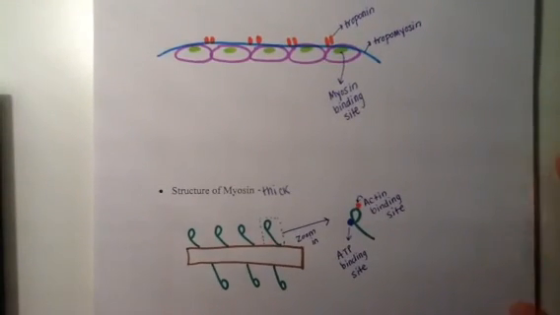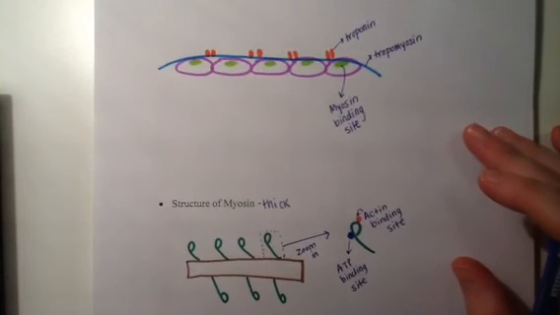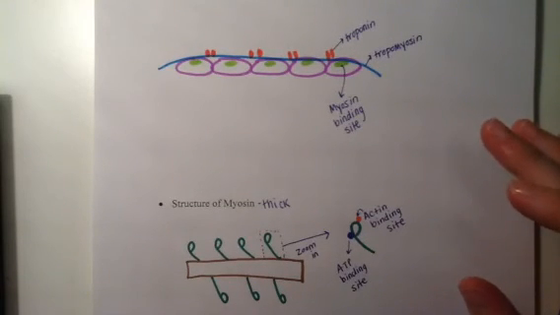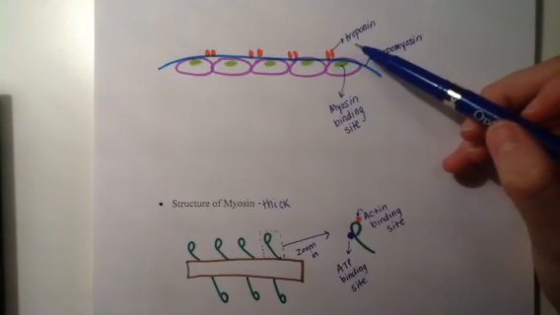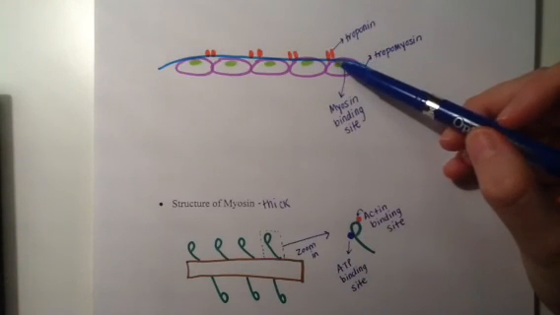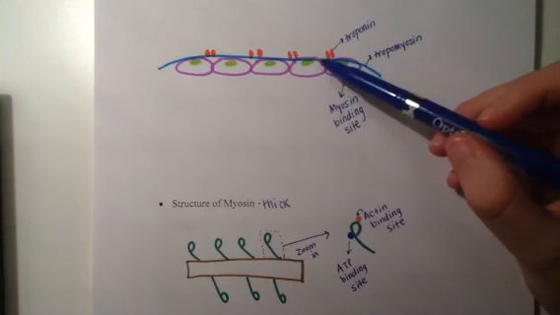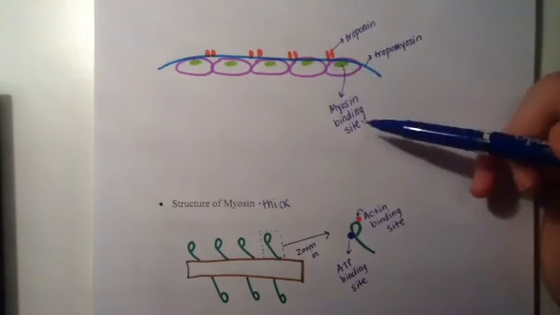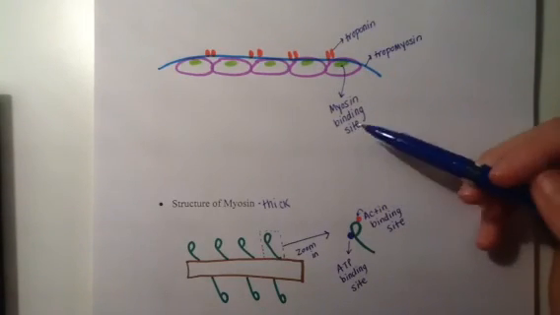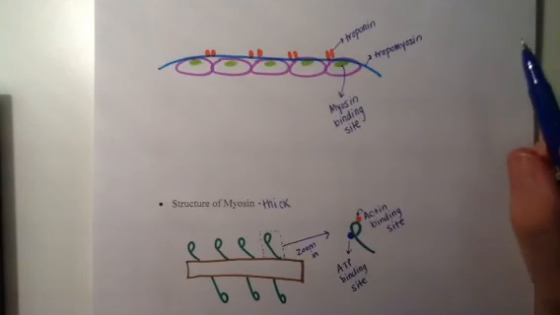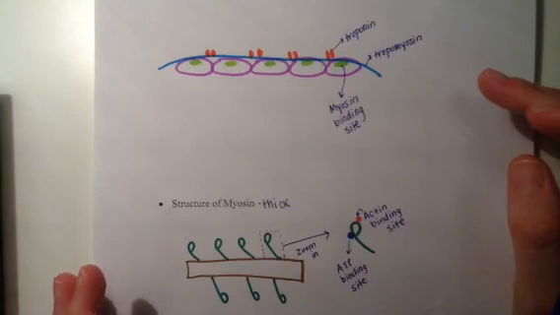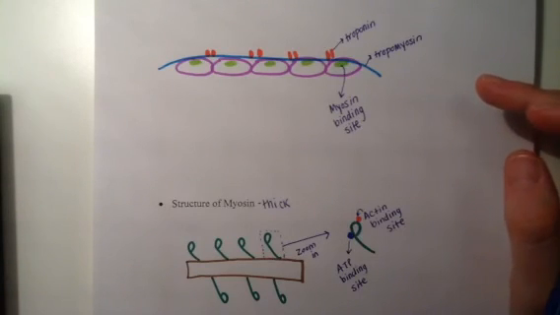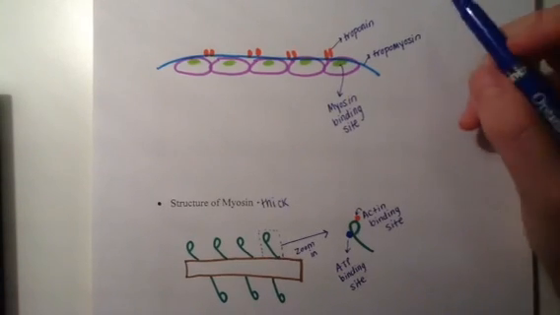Okay, so we are going to now talk about the 7 steps of muscle contraction. I'm going to talk about what happens to this troponin tropomyosin complex, what happens to these myosin binding sites, and where actin and myosin come together. So it might be good to leave your picture beside your notes so you can look back and forth to figure out what she is talking about and where that is again.